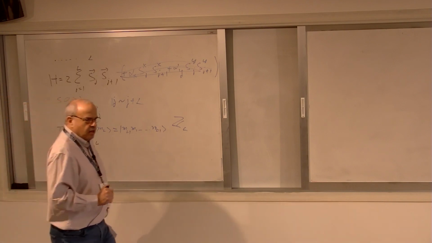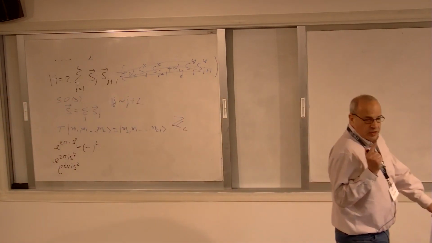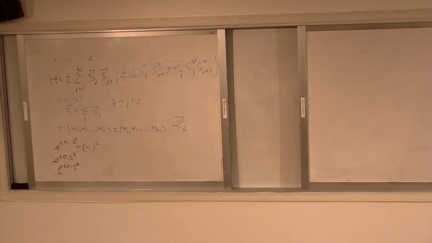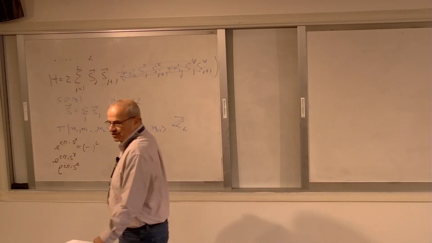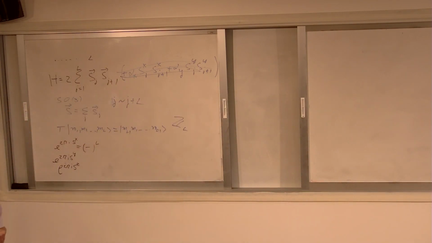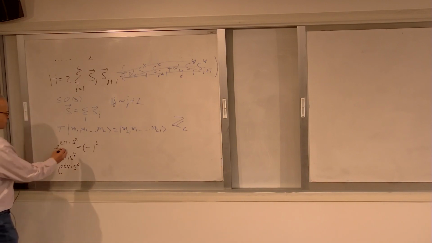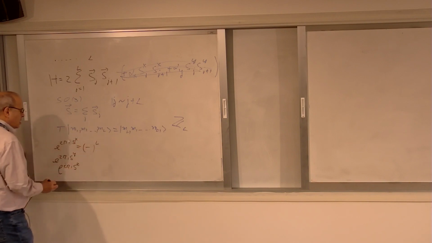Therefore, this Hilbert space, when L is even, is in an SO3 representation. When L is odd, the Hilbert space is in a projective representation of SO3, but the correct symmetry group of the system is SO3, not SU2. In fact, we worked that out for L equals 1 in the first lecture. We had just one qubit. So the global symmetry is SO3, and it's realized projectively when L is odd.